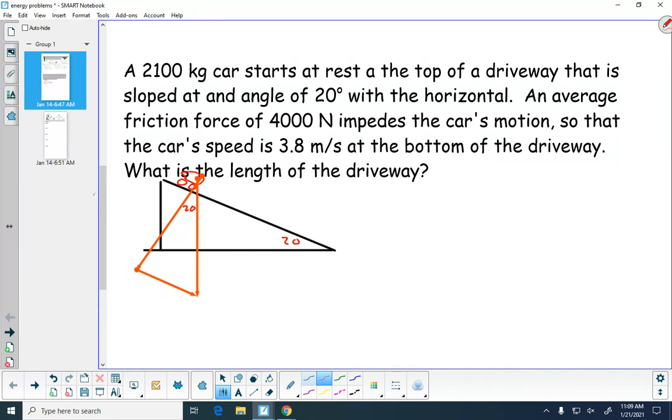So doing our setup that we did with an inclined plane, we have a 2,100 kilogram car.